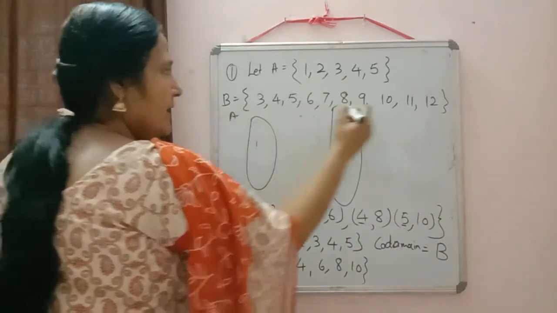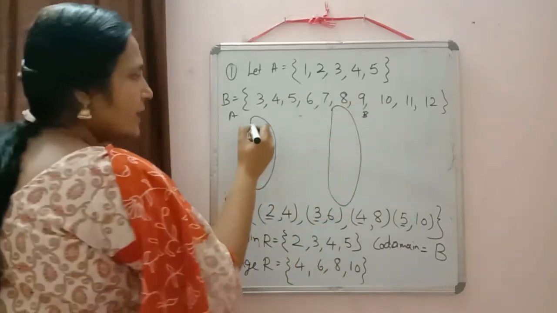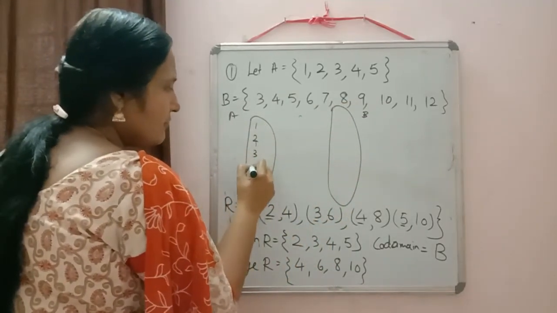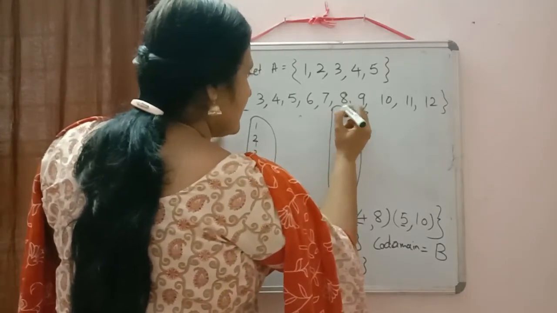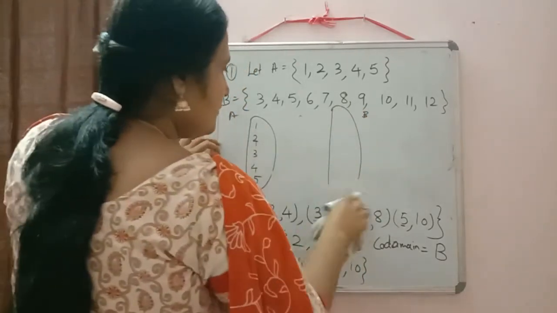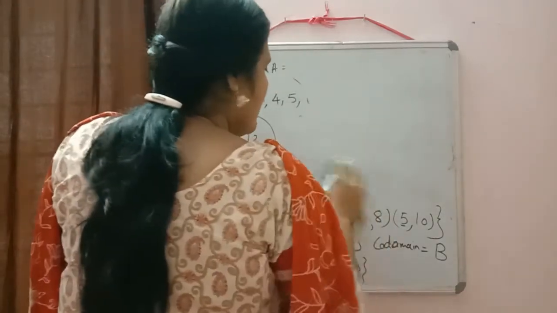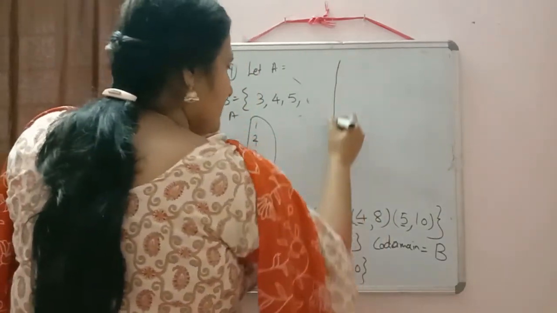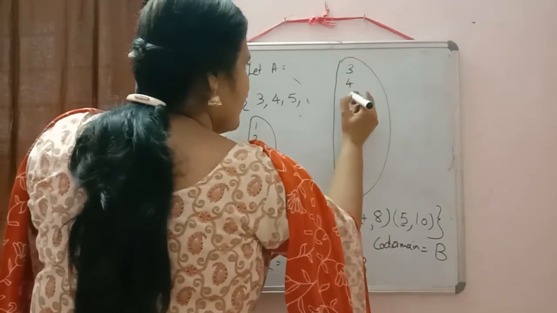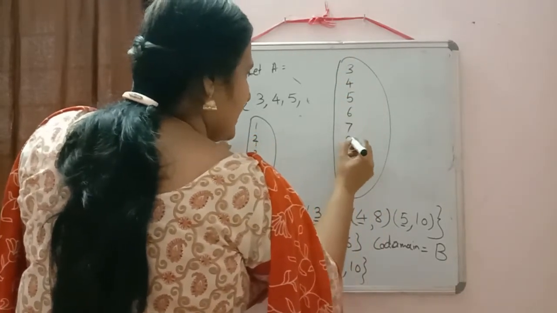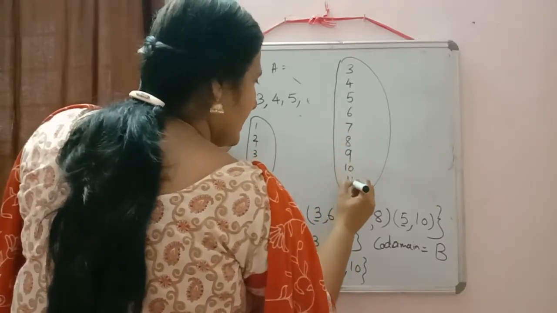So set A, set B. In set A we have 1, 2, 3, 4, 5, and set B is from 3 to 12: 3, 4, 5, 6, 7, 8, 9, 10, 11, 12.